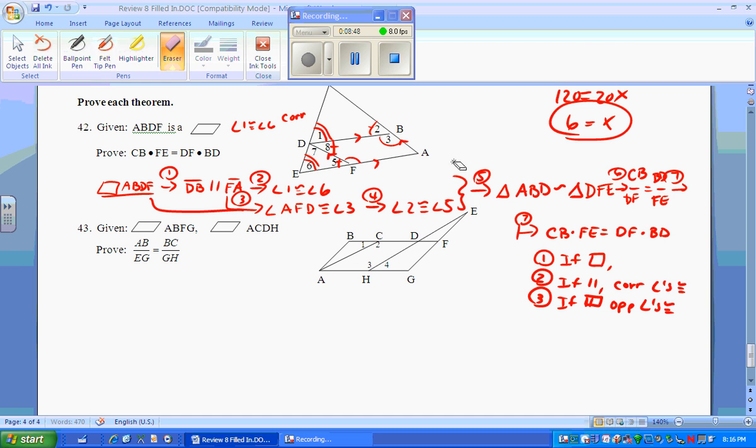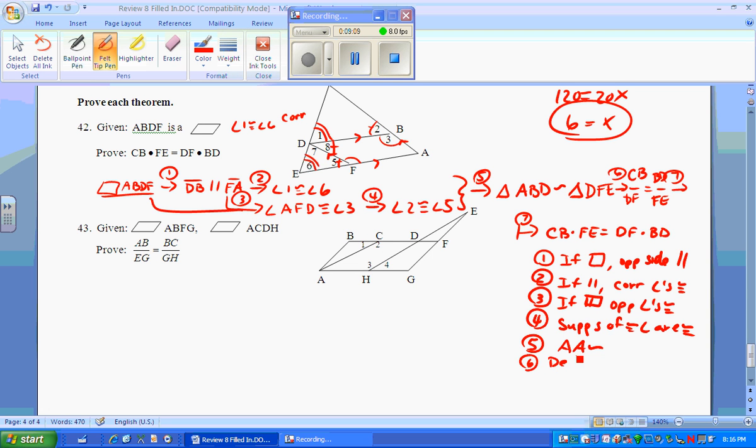This one is if parallelogram, opposite sides parallel. Number 4 was subs of congruent angles are congruent. 5, angle similarity. 6, definition of similar triangle. 7, cross multiply.